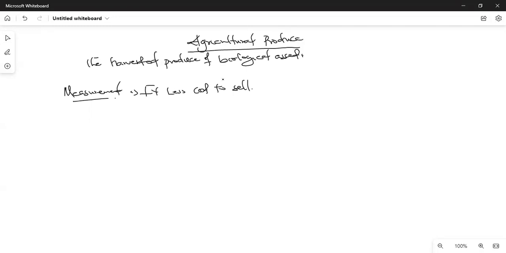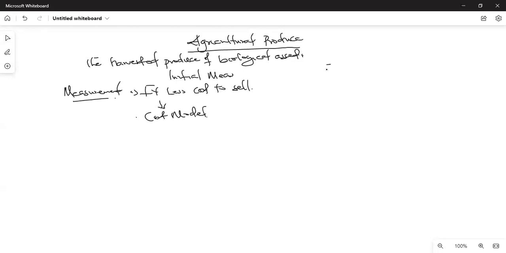Now, if there is no fair value in this initial measurement, if there is no fair value determination in the market, then we need to deal with the cost model.